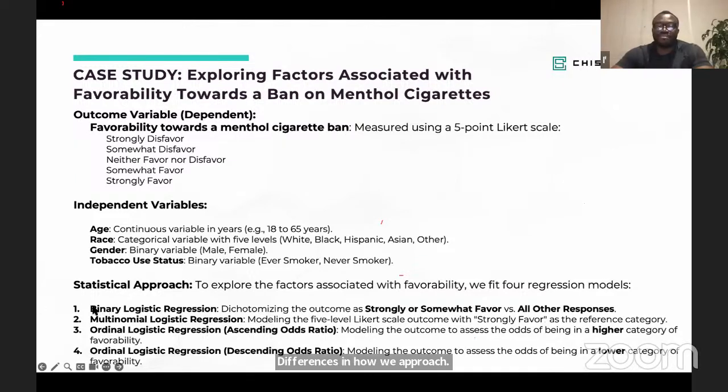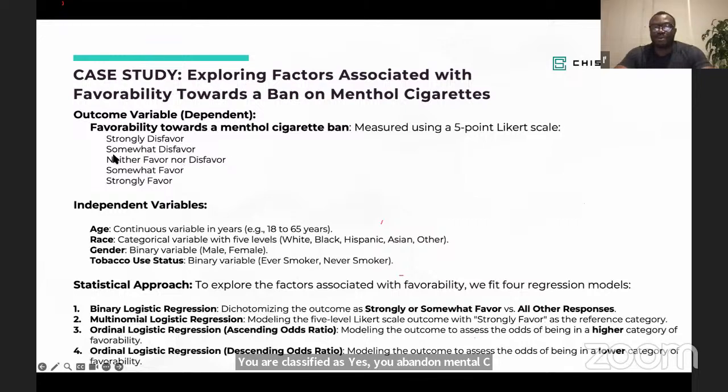So we're going to look at it from a binary logistic regression, where we decided to dichotomize, just collapse those groups into just 2. If you answered the extreme 2 values, somewhat favor or strongly favor, you are classified as yes, you favor a ban on menthol cigarettes.